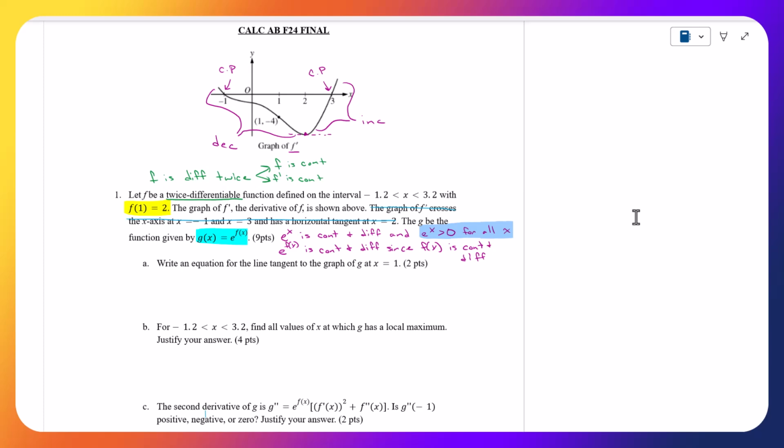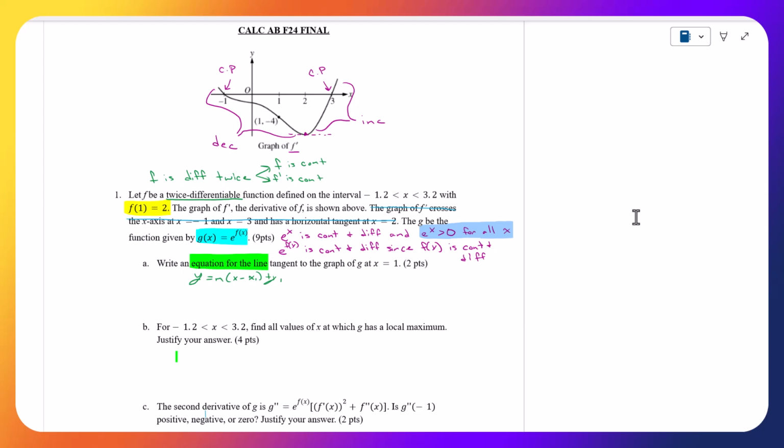Write an equation for the line tangent to the graph of g at x equals 1. Okay, well, equation of a line, that is our y equals m times x minus x1 plus y1. Oops, I accidentally put some stuff that I don't want.